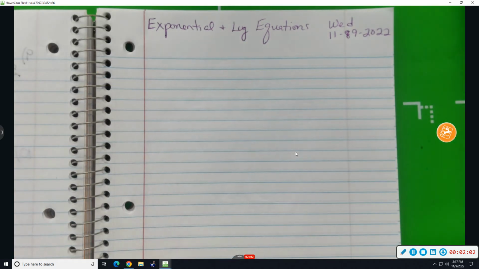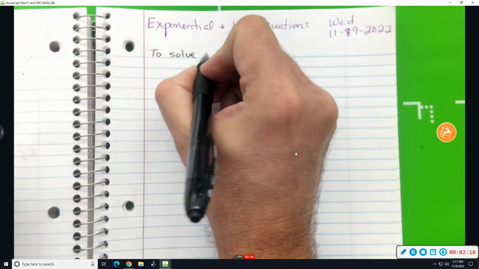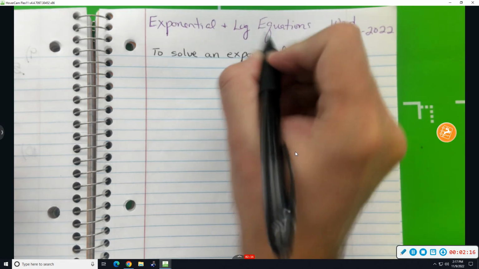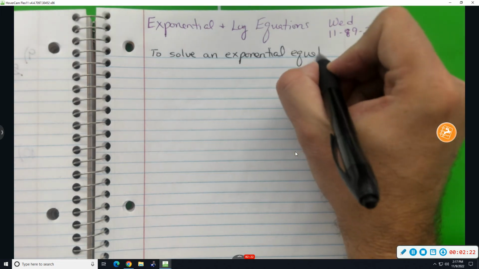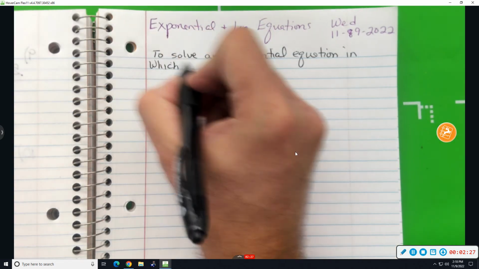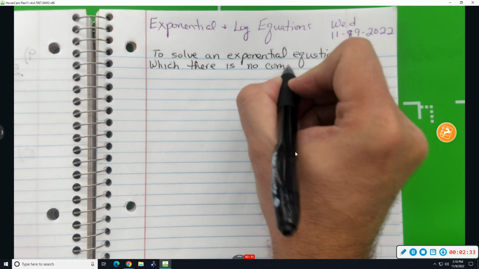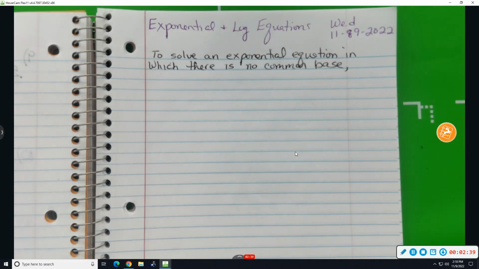So, let me write a few sentences. To solve an exponential equation, we had said an exponential equation has the variable in the exponent. To solve an exponential equation in which there's no common base, here's what you're going to do.